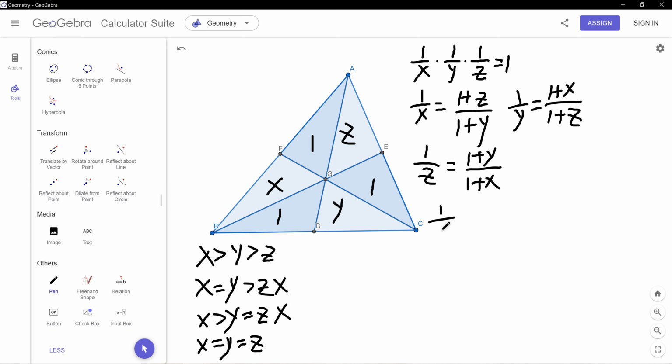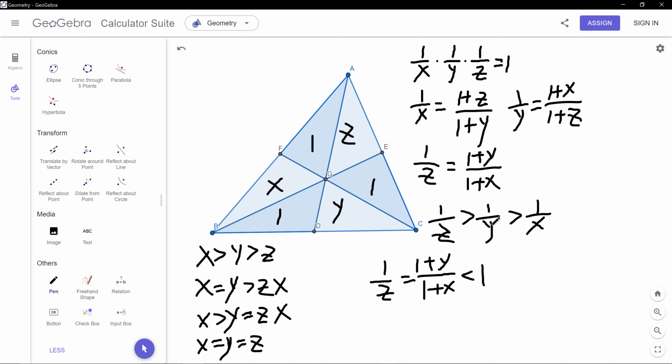But because x is larger than y, 1 over z equals (1 plus y) to (1 plus x), and this is less than 1.